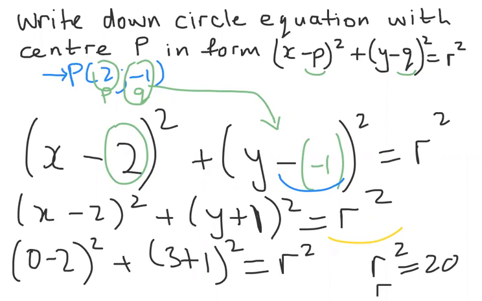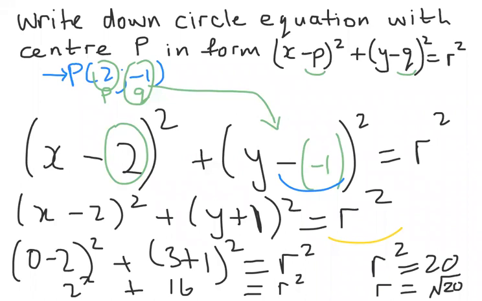That means r equals square root of 20. You'll get that answer, because this will be 2 squared, which will be 4, and this will be 4 squared, which will be 16. So that will give you r squared equals 20. So r equals square root of 20.